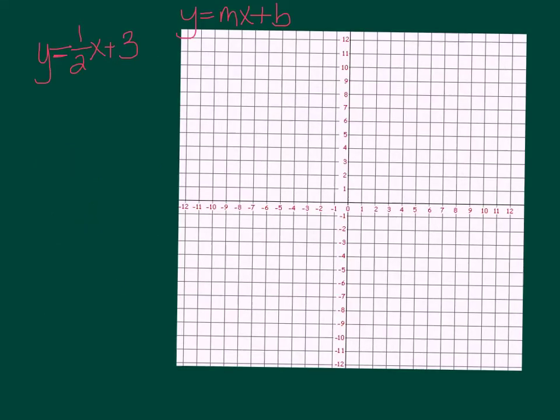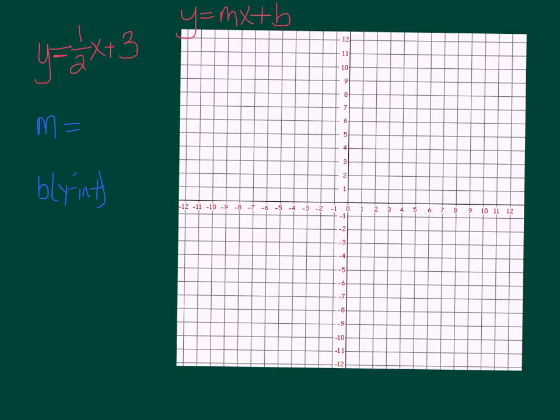Let's look at a problem. I put the equation up here. This is what we're going to use, y equals mx plus b, and our equation is y equals 1/2 x plus 3. The first thing I want you to do is tell me what the m is and what the b, or the y-intercept, is.